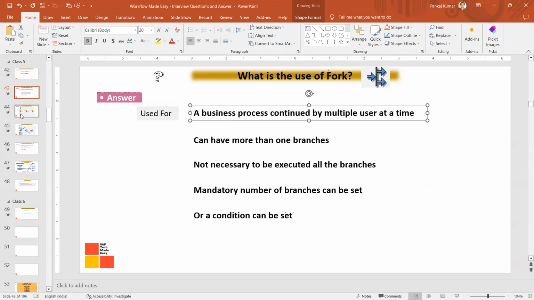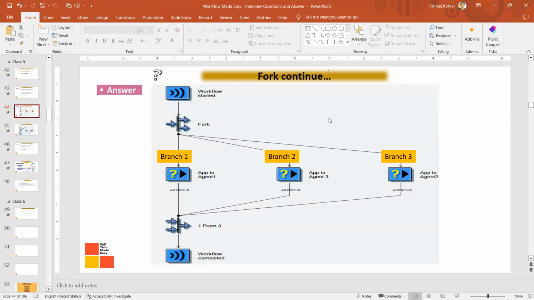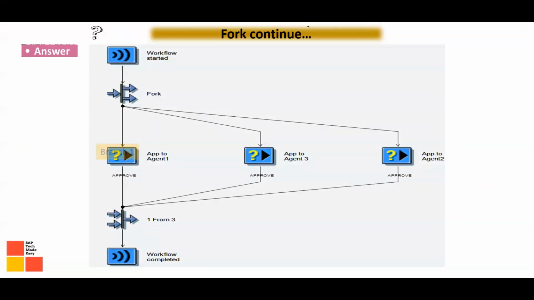See here how it's going to work. Try to understand with the help of this. So branch 1 you have, branch 2 you have, branch 3 you have. Just to understand, it's going for the approval process to agent 1. It's going, meaning in parallel it's going to the 3 approvers.